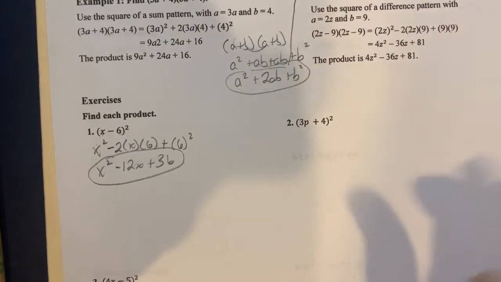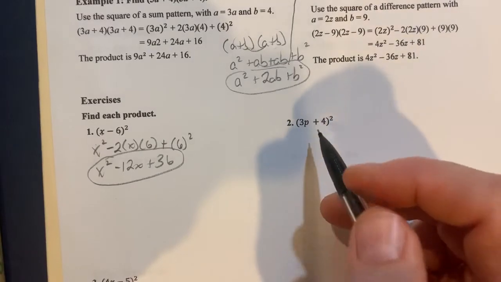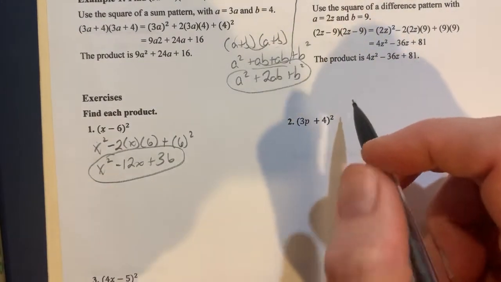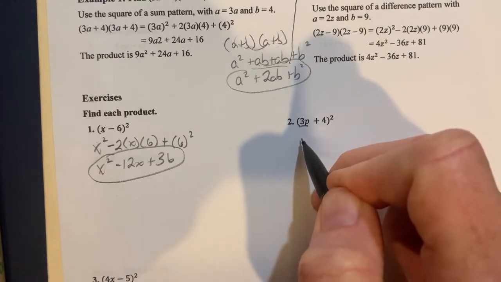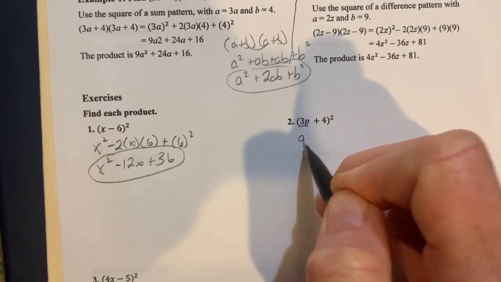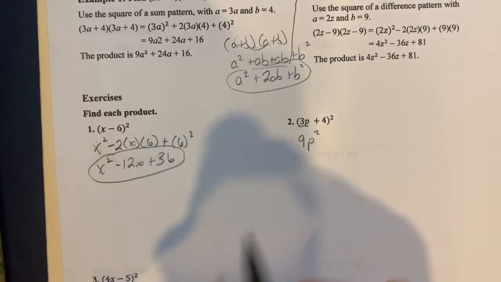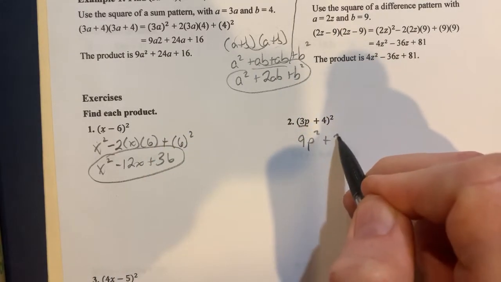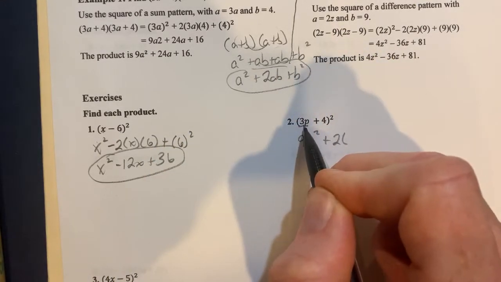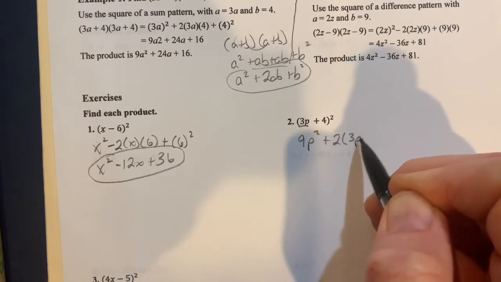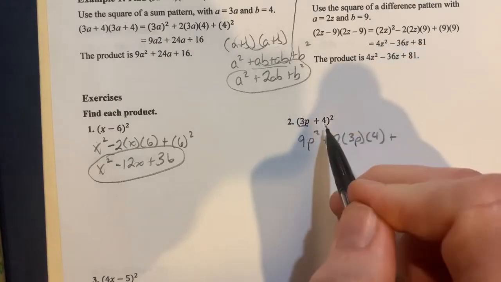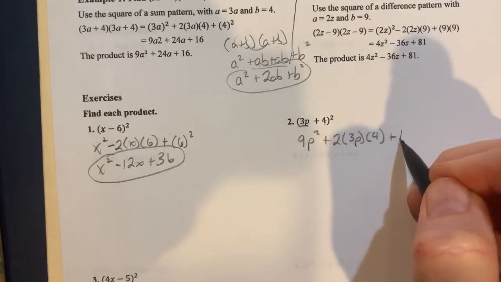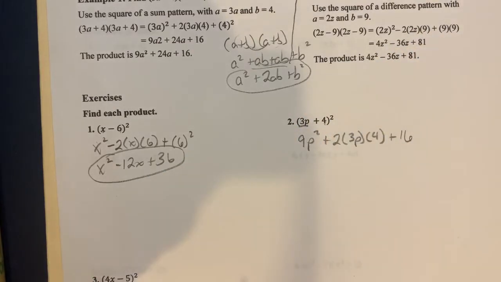Okay, let's look at this other example. This is a square of a sum. All right, so take this squared, so that would be 9p squared plus 2 times this plus that thing squared.